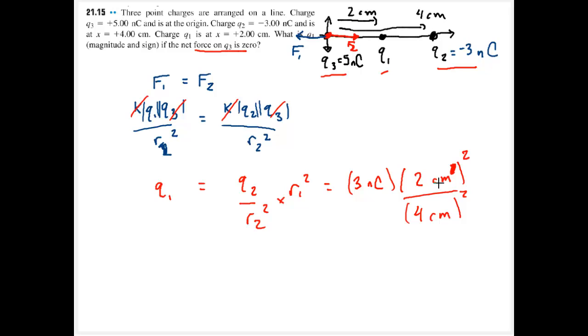We can see that the units of centimeters squared are going to cancel away, so I can get away with just leaving it in centimeters rather than converting it to meters. And I'm going to come up at the end of the day with 0.75, keeping the units of nanocoulombs.